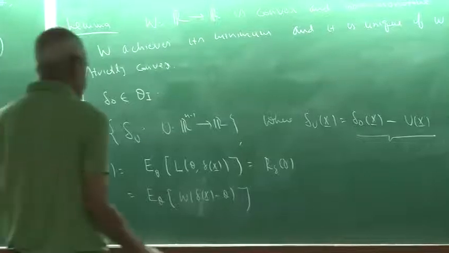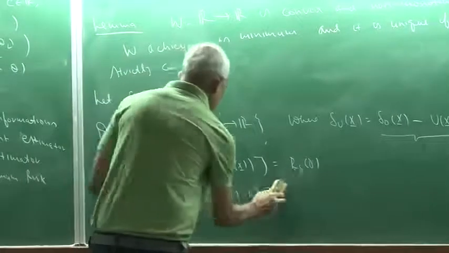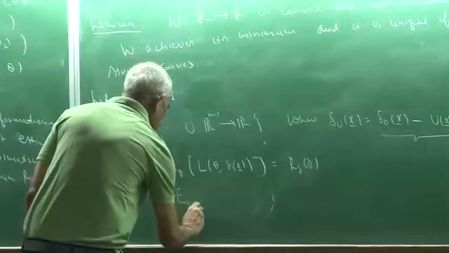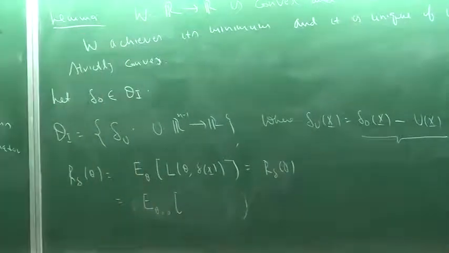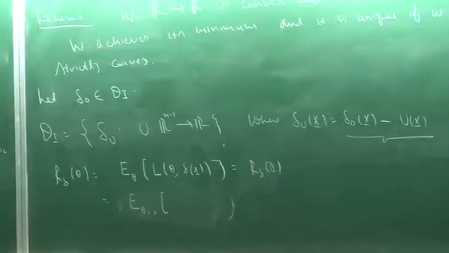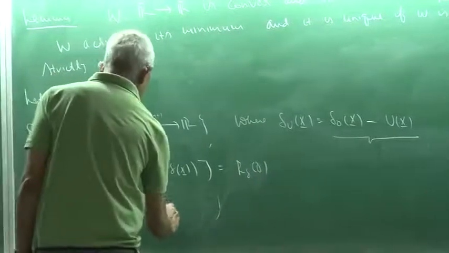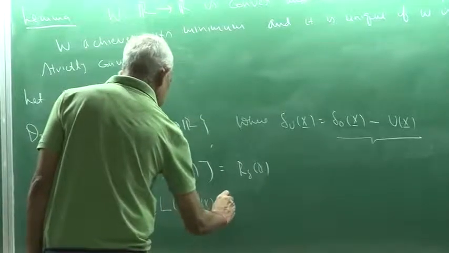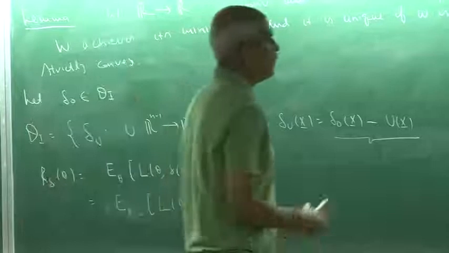So what is the risk at 0? That is the same as the expected value when x has a distribution corresponding to theta equal to 0, with L0, so everywhere I put theta as 0.